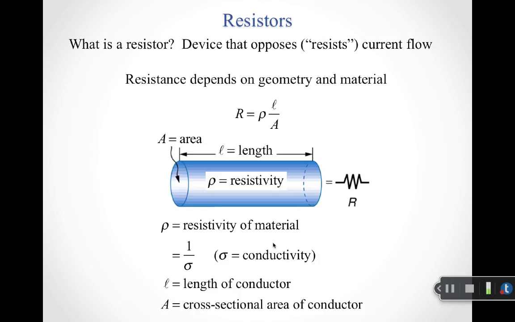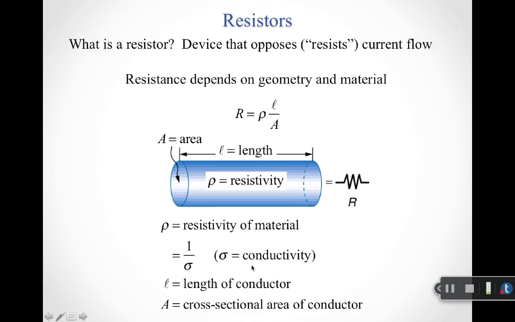So the resistance can be calculated this way. Rho here is the resistivity of the material. It happens to be 1 over sigma. Sigma we've talked about before in our relationship between the electric field and the current density. Sigma is the conductivity, so those two things are inversely related.